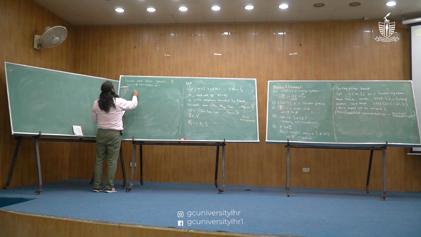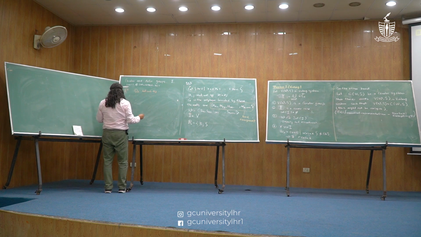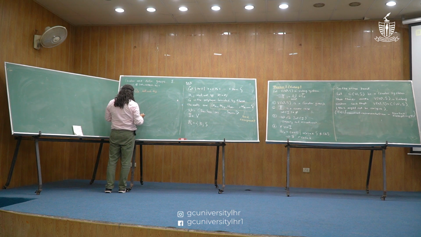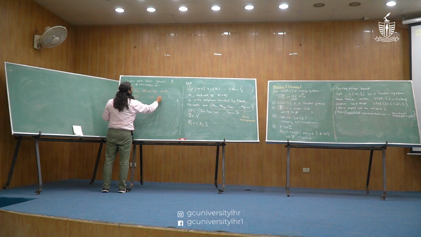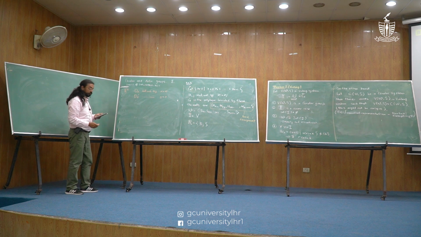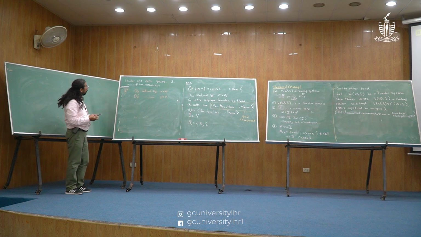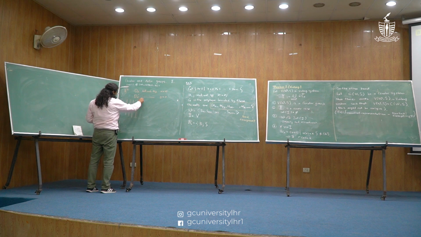So we will define the lines defined by x equals to k, and the lines defined by y equals to k. Okay? So how will this look? It will look like this now.